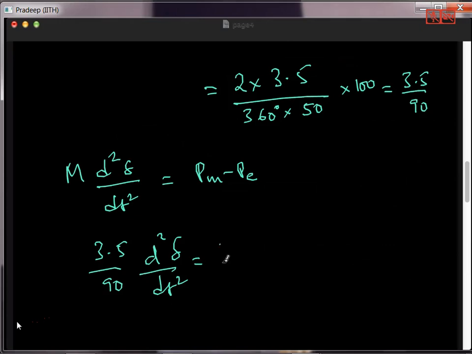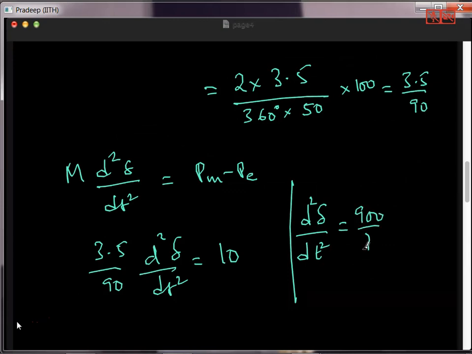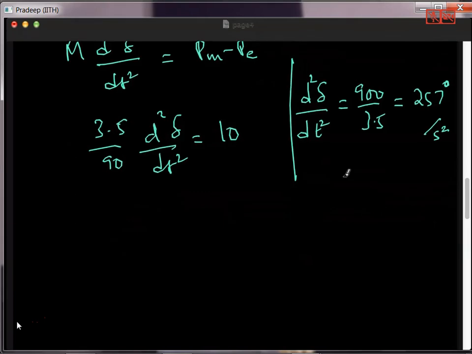Now if I further simplify this, I'll get the second derivative of delta is nothing but 900 by 3.5, which comes to around 257 degrees. So this is electrical degrees per second square. Because this is acceleration, that means the rate at which delta is increasing is this much, 257 degrees.